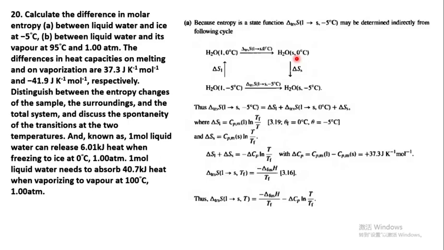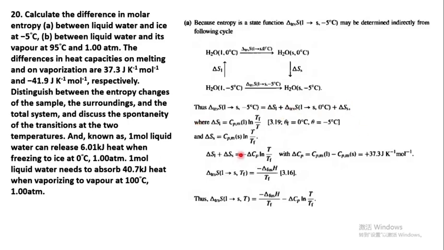The water state is not changed, it keeps solid. So we have this one, and this one. And then finally we have the delta S transform equals to this one, plus this one, plus this one.